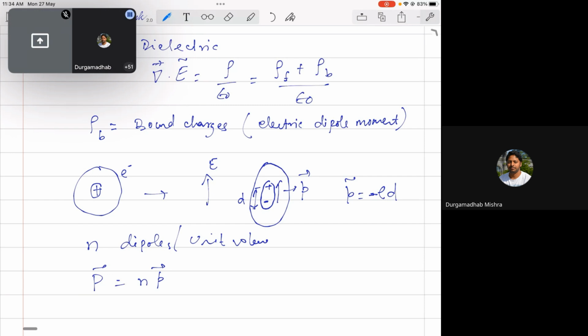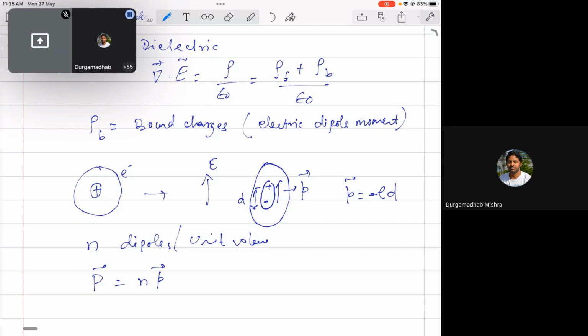This is the dipole moment that will be induced. Even if you have a material which already has a dipole moment, like a polar material, the bound charges will still be there, only the alignment will be along the electric field. So you have some bound, local charges which are immobile, induced due to the electric field in a dielectric material.